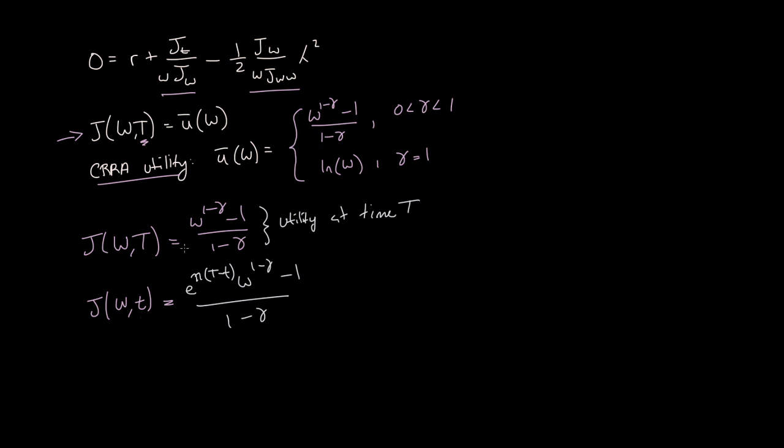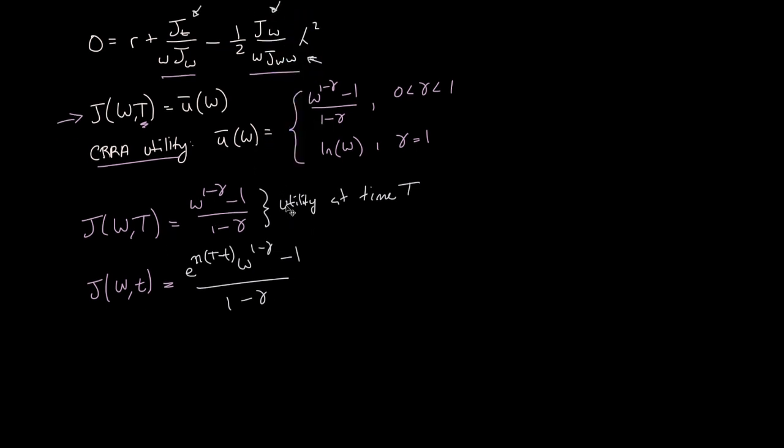Now we have a form of J(W, t) that we can take derivatives of, and so we can start to find values for J_t, J_W, and J_WW.